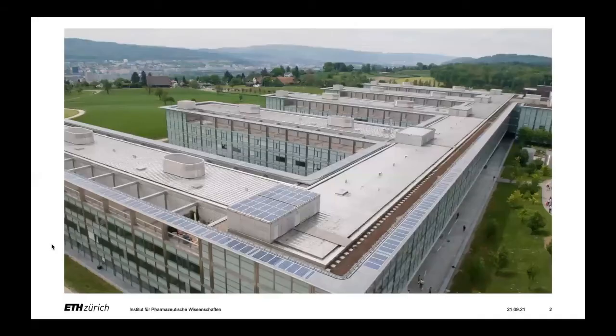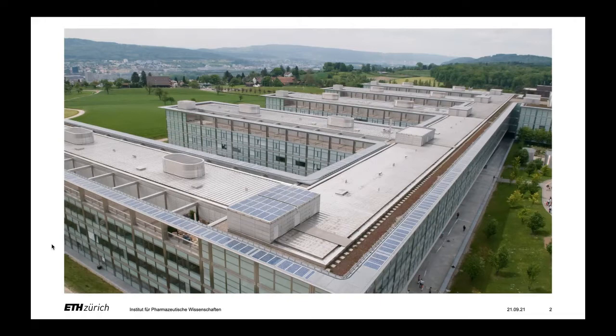So first, the setting. You see here the HCI building on Hönggerberg, and on the fourth finger is the Institute of Pharmaceutical Sciences. We offer a bachelor, 2 masters, and several advanced study courses. For today, the master in pharmacy is important because this leads up to the federal exams in pharmacy, which generates licensed pharmacists.